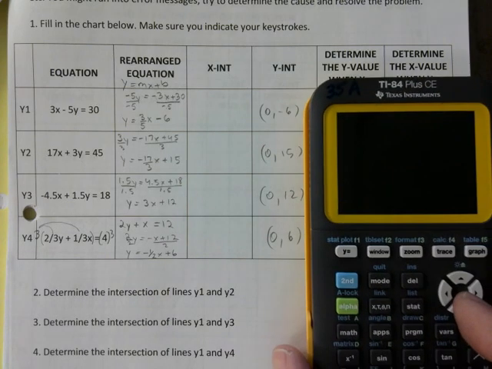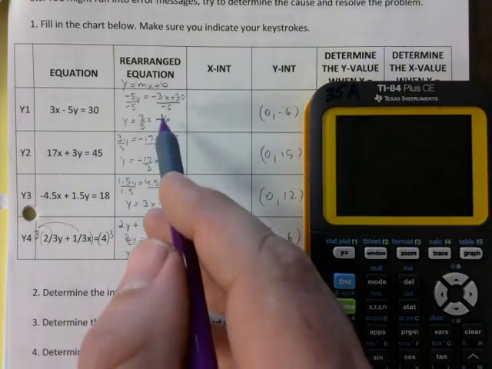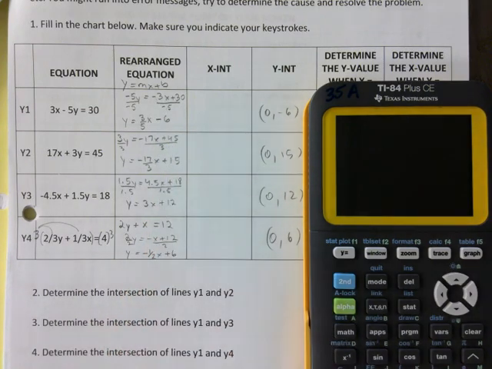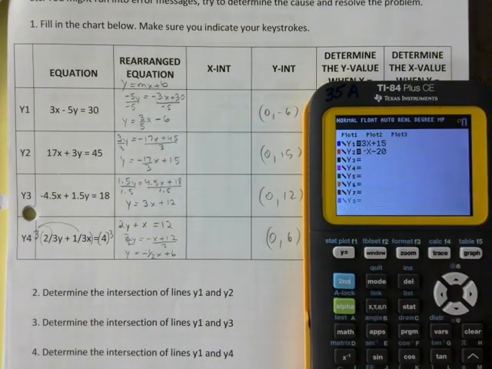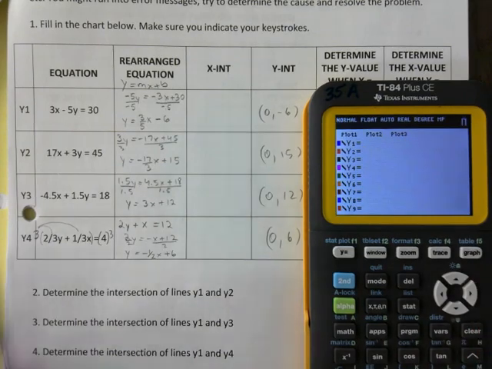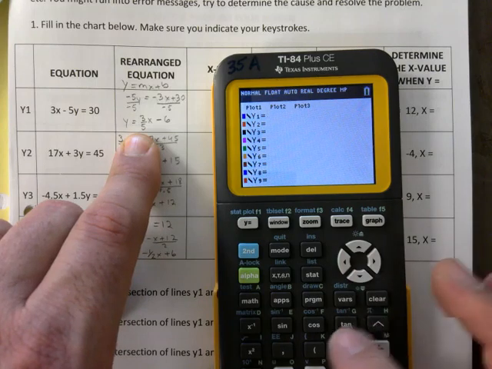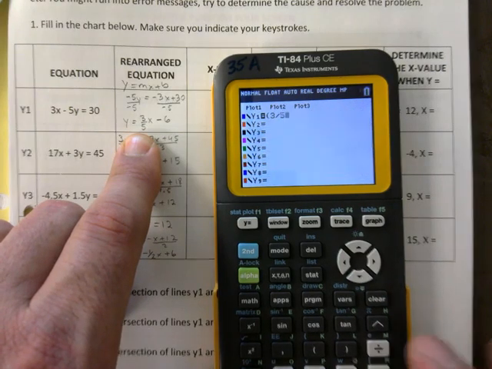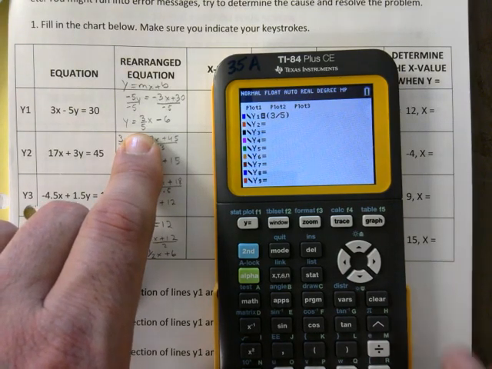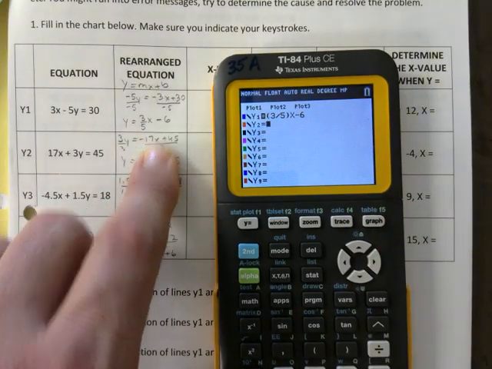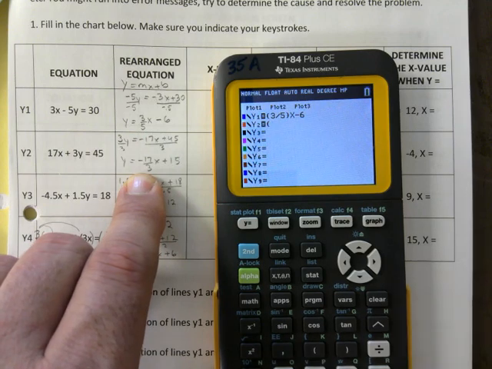So grab your calculator. We're going to type in all of these into y1, y2, y3, and y4. Are you ready for that? Here we go, guys. Type them in. So watch how I do it. 3/5. I'm going to go bracket 3 divided by 5, close bracket, x minus 6. Next. Bracket -17 divided by 3, close bracket x.